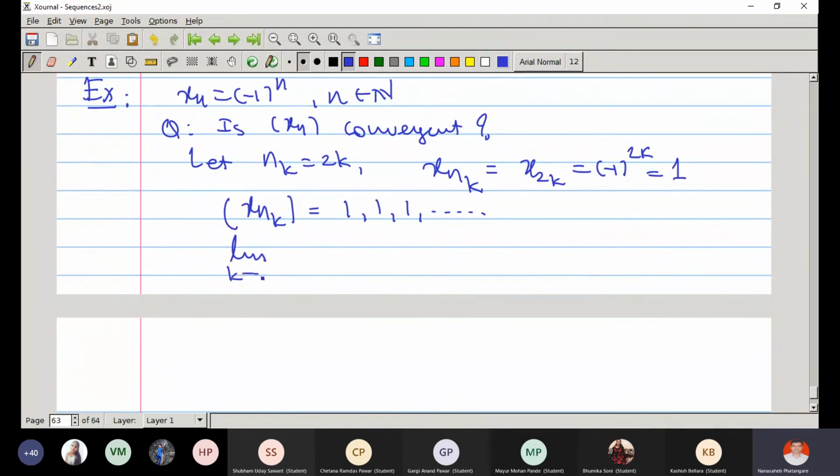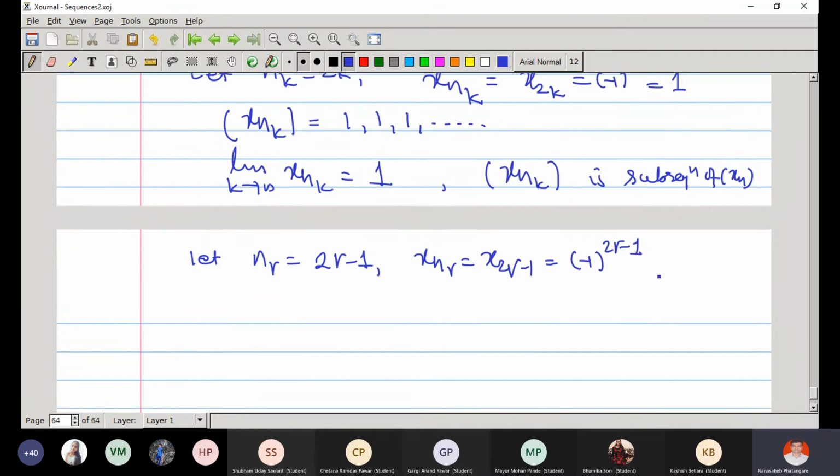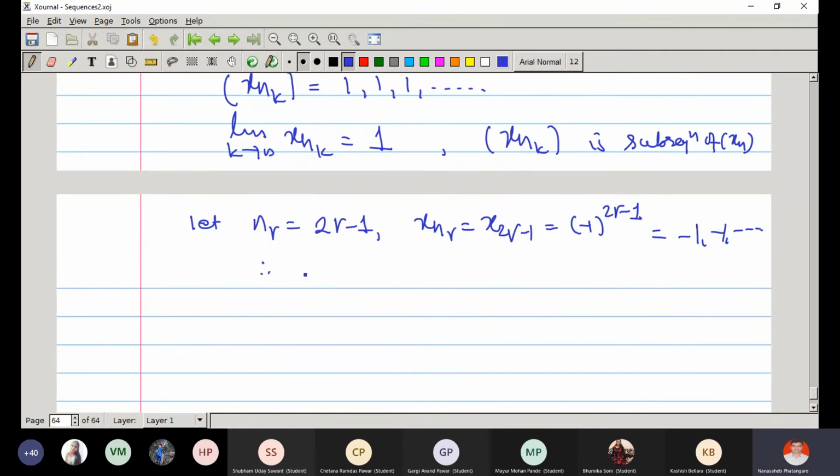And what is the limit as k tends to infinity of x_{n_k}? It is 1. So x_{n_k} is a subsequence of x_n and it converges to 1. On the other hand, let n_r equal 2r minus 1. Then look at x_{n_r}, which is x_{2r-1}. What is it? (-1) raised to 2r minus 1. And what are the numbers? Minus 1, because of odd powers.